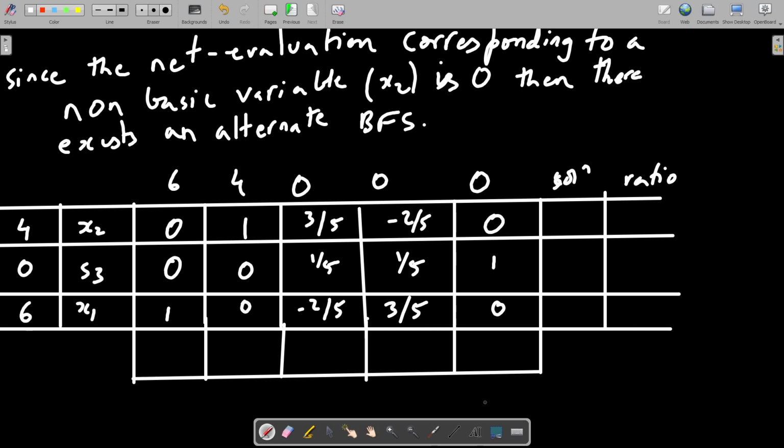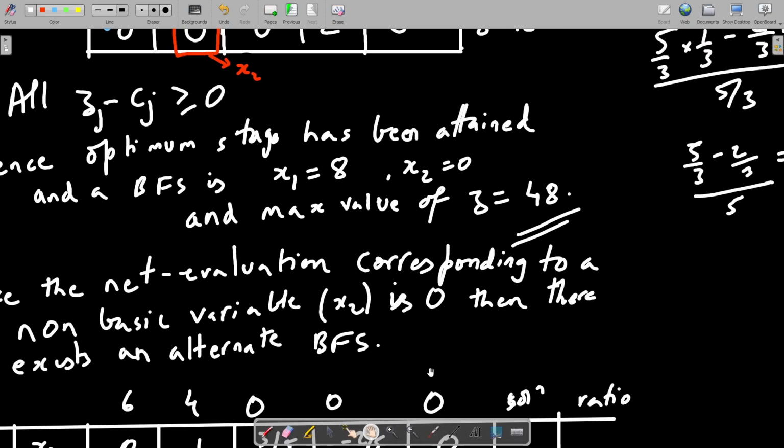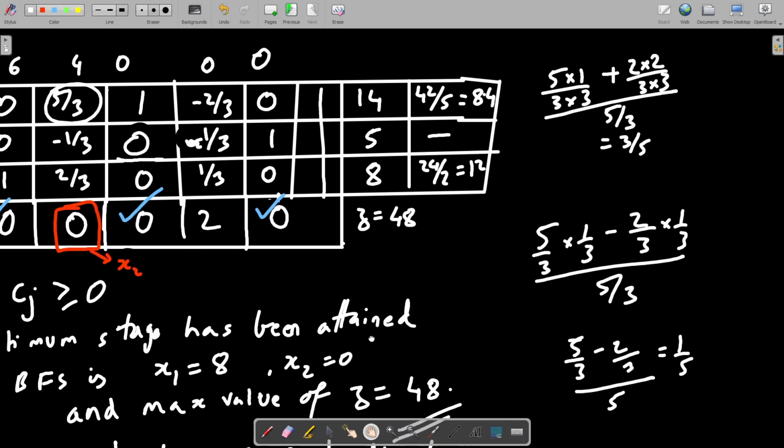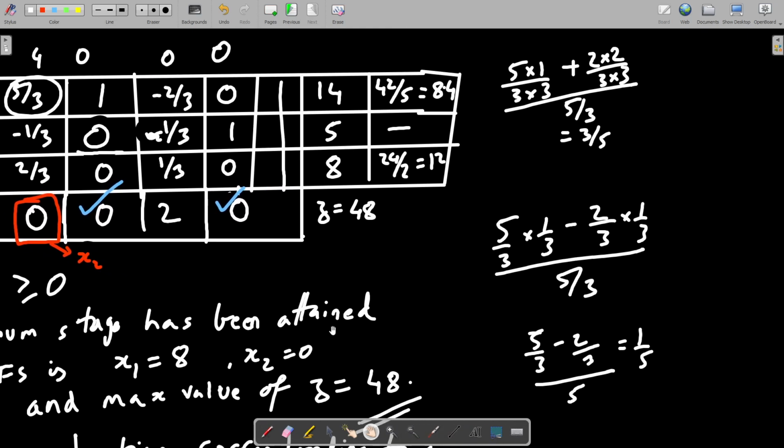Okay, now for the last column. This is going to be 42 by 5, this is 8.4, not a problem. So next I have 5 by 3 into 5 minus will become plus 1 by 3 into 14, divided by 5 by 3.